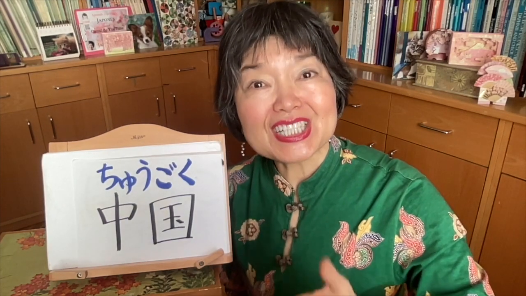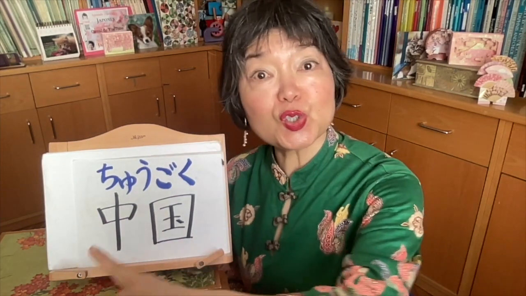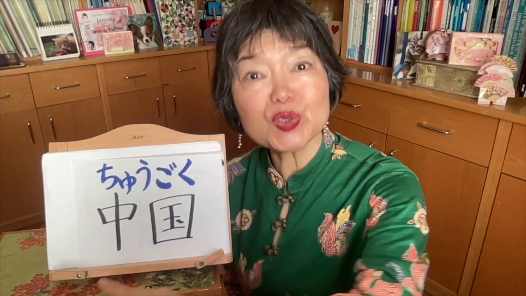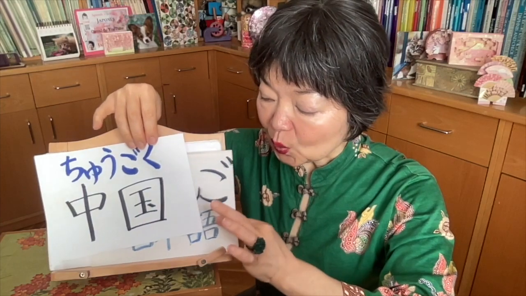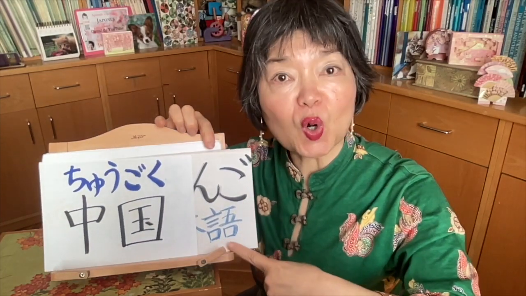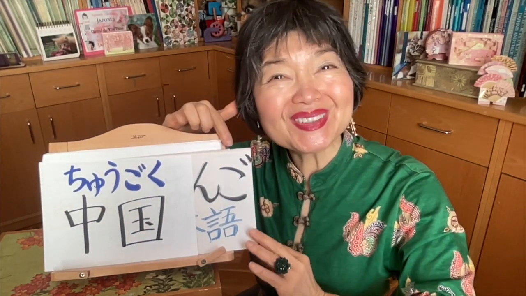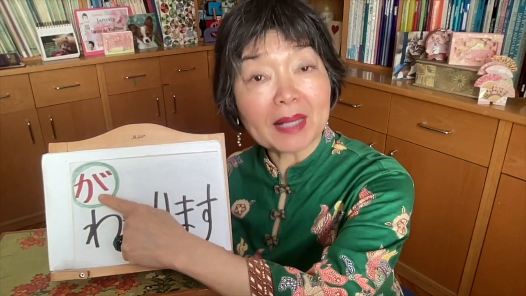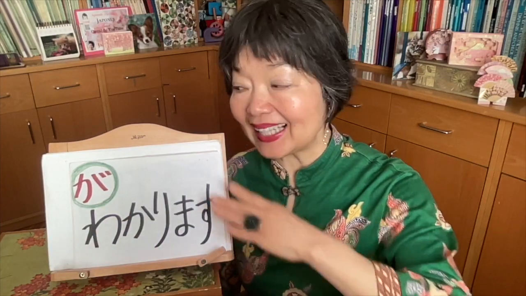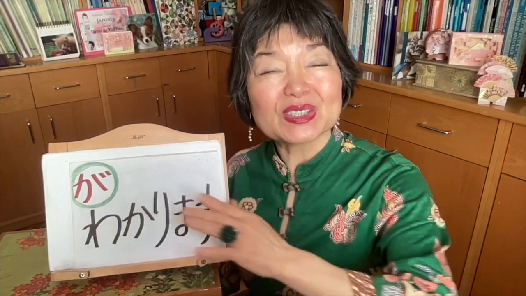The country China, we say 中国. But the language Chinese, we must add this 語: 中国語, Chinese language. The verb to understand is わかります, and we need to use the particle が: something がわかります. I understand something, so with が.